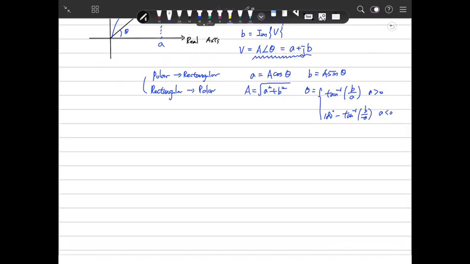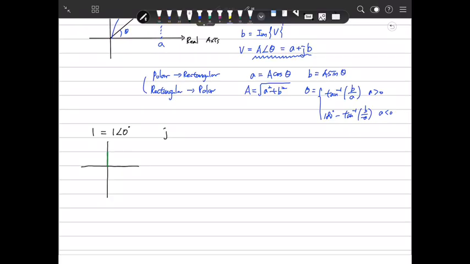We need to know some simple things here. When we want to express 1, this is a real number. One is expressed in vector or polar form as magnitude 1 and phase angle 0 degrees. Then j is an imaginary number, here. This is j.